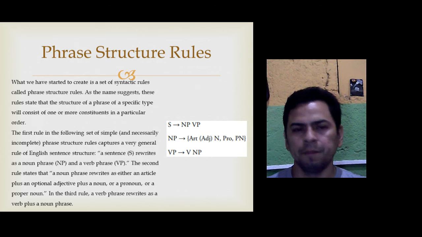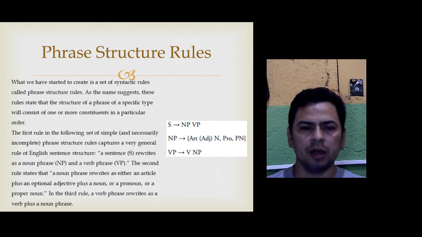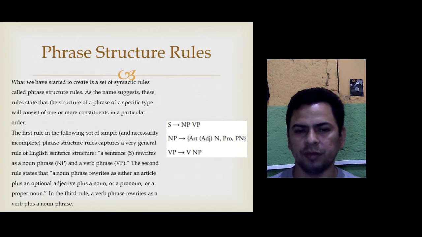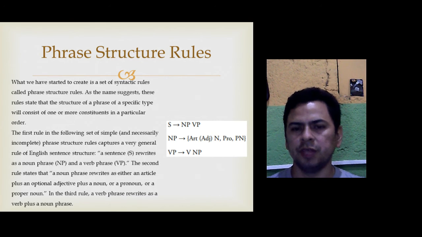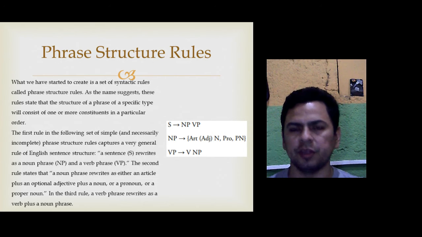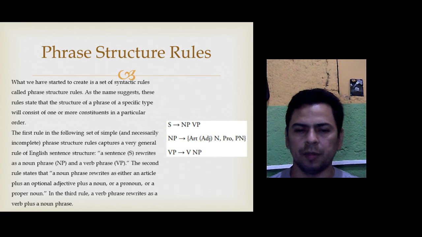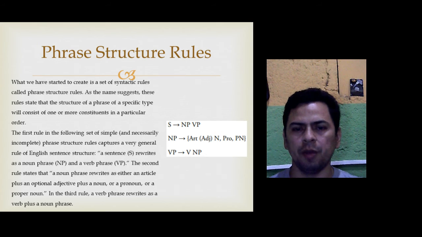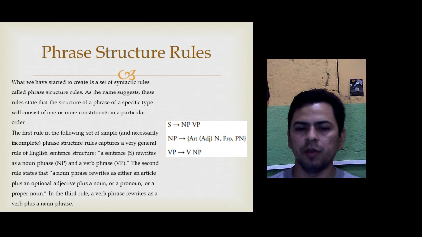Phrase structure rules. We can start to create a set of syntactic rules called phrase structure rules. The name suggests these rules state the structure of a phrase of a specific type, which consists of one or more constituents in a particular order. The first rule in the following set of simple and necessarily incomplete phrase structure rules captures a very general rule of English sentence structure.